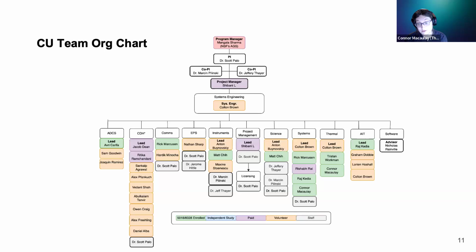Here's our full CU team org chart, with Colton Brown as the lead systems engineer. Well, I'm actually the thermal lead. Colton doesn't hold that title anymore, but this is the breakdown for our team.